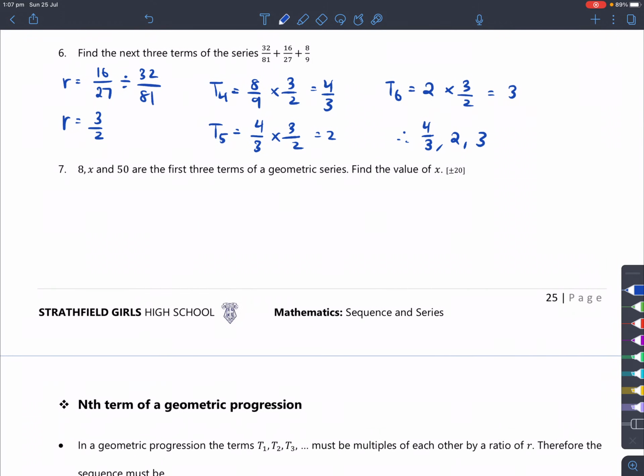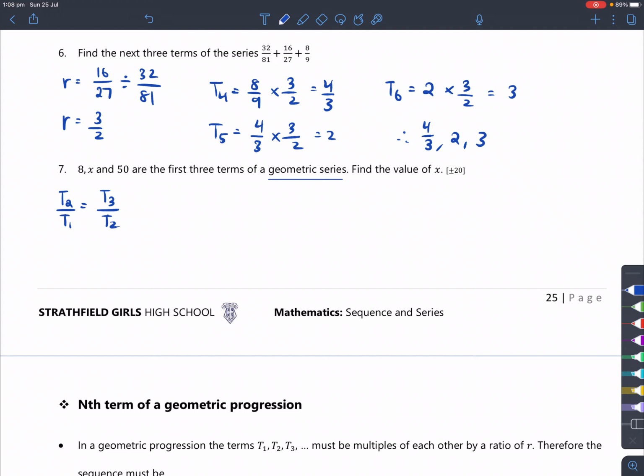Question 7. 8, x, and 50 are the first 3 terms of a geometric series. Find the value of x. So if they are part of a geometric series, then the ratios of the second to the first and the third to the second are the same. So that means t2 over t1 is equal to t3 over t2.